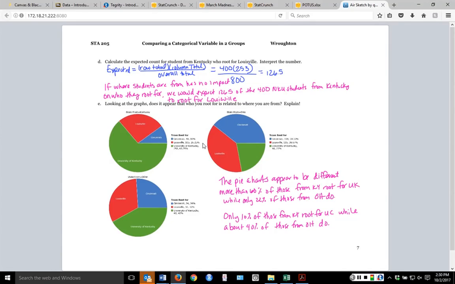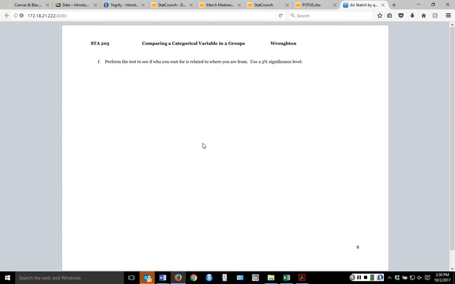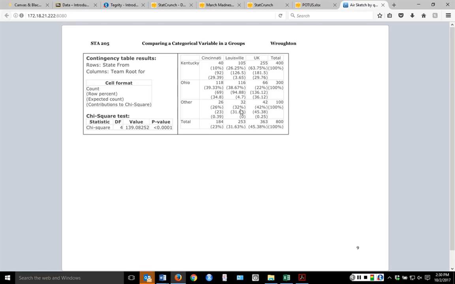So hopefully you agree that they do appear to be quite different. Now we're actually going to perform that test to see if they are related. We're going to use a 5% significance level.